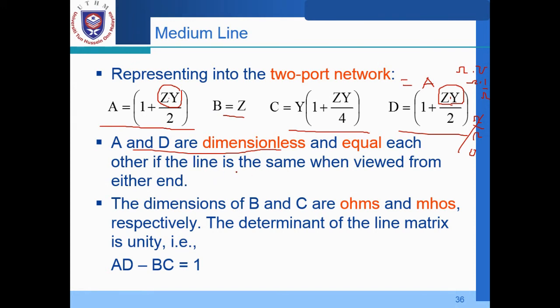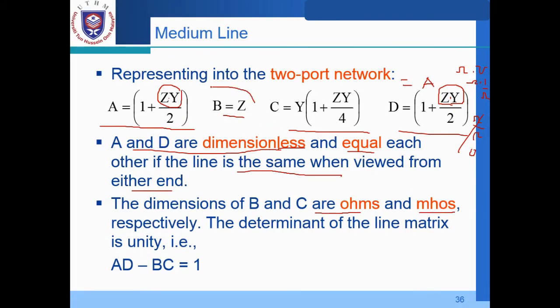If the line is the same when viewed from either end, regardless of which end you view it from, either sending or receiving end, the dimensions are still dimensionless, and they are equal in equation. So the dimensions of B and C are ohms and mhos.